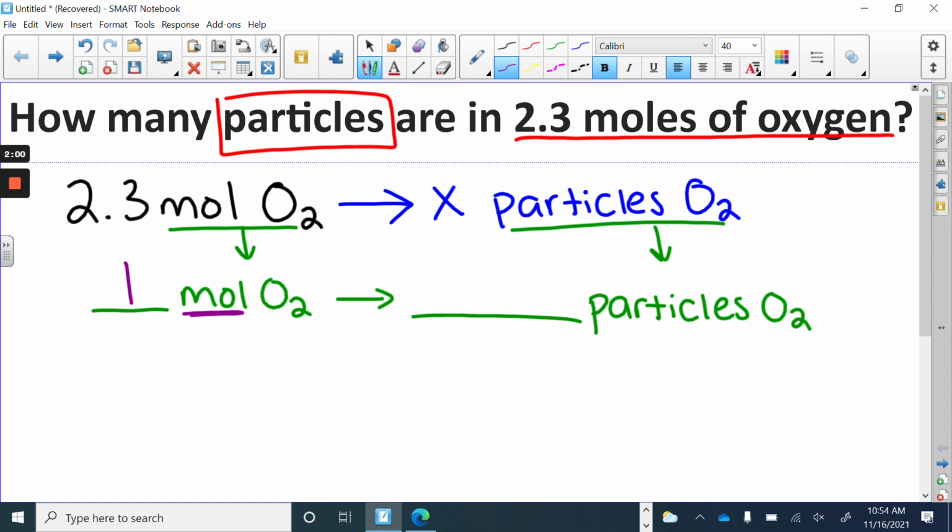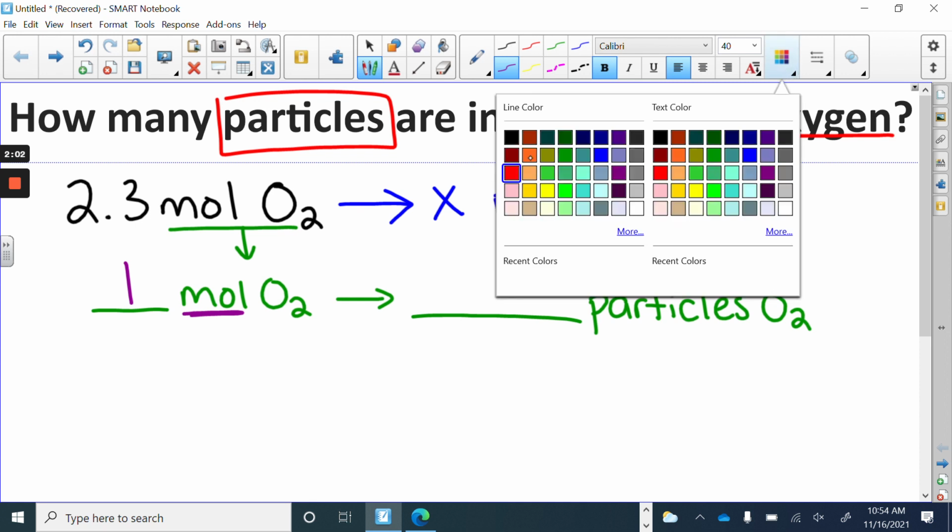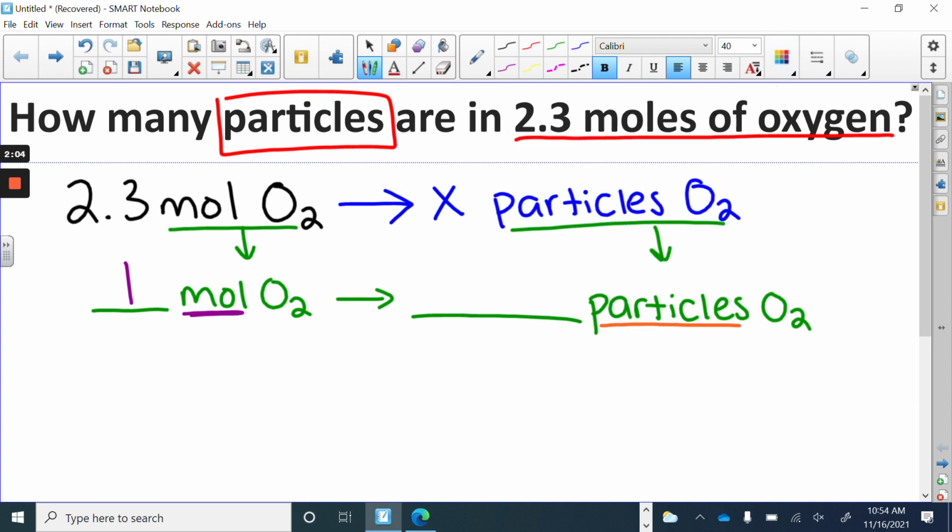And if they give us particles, particles will always be equal to Avogadro's number, that's 6.02 times 10 to the power of 23. Because as you saw in our notes, 1 mole is equal to 6.02 times 10 to the power of 23. This is where we get the 1 and the 6.02 times 10 to the power of 23.